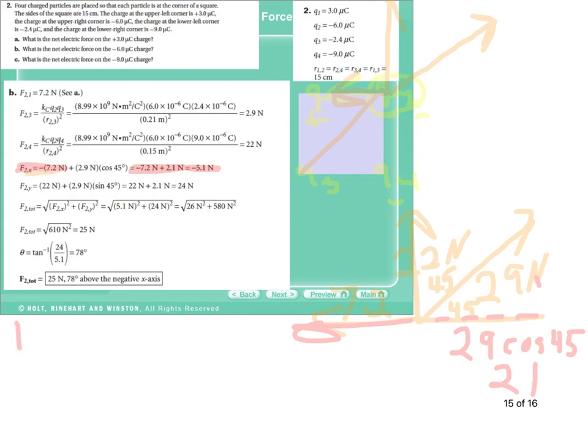So our force in the x direction is negative 5.1 newtons. Then we want to worry about our force in the y direction. So in the y direction, we got 22 newtons going up.